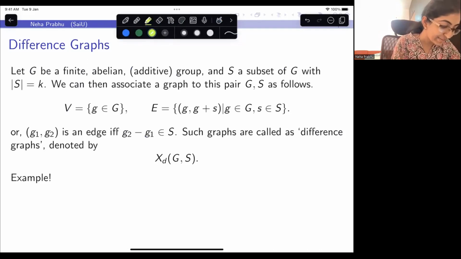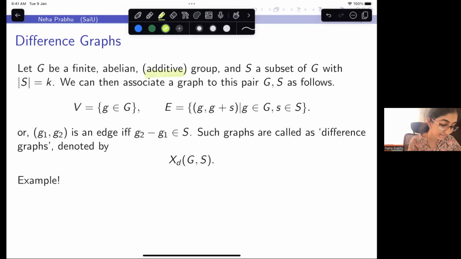So it'll be additive. This is the operation that I'll be viewing my group with. You take a subset S of G such that it has some K elements, any K-element subset. Then you can associate to this group a graph as follows. The vertices will just be the elements of G, and the edges will be (g, g plus s).